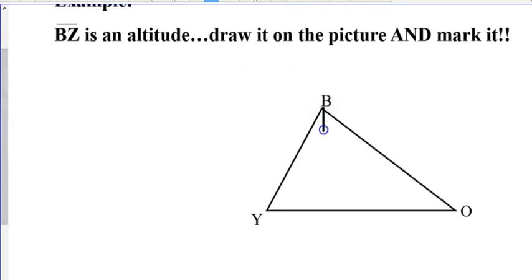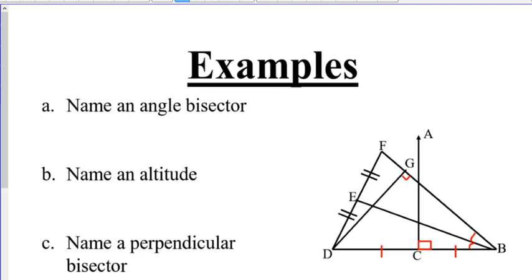So from B, we're just going to drop a line straight down and form a right angle and mark this Z. So notice, you don't have to draw this, but remember, we drew the median like that. Both coming from B, but two different lines. If they were the same line, it would be a perpendicular bisector, which we've already talked about.